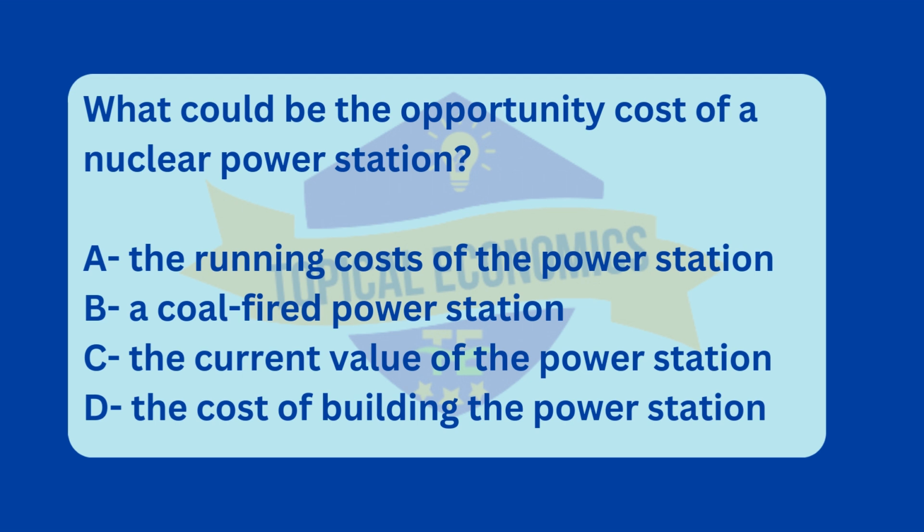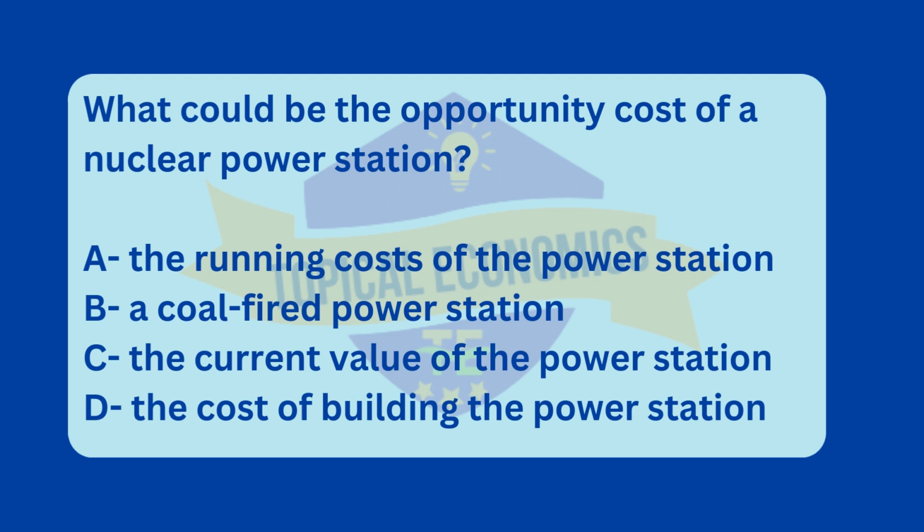A coal-fired power station. Opportunity cost is the value of the next best alternative that is foregone when a decision is made. In this case, the decision to build a nuclear power station involves using resources, such as land, capital, and labor, that could have been used for other projects. So, if a country or company decides to build a nuclear power station instead of other forms of power generation, the opportunity cost is the alternative that is not chosen.